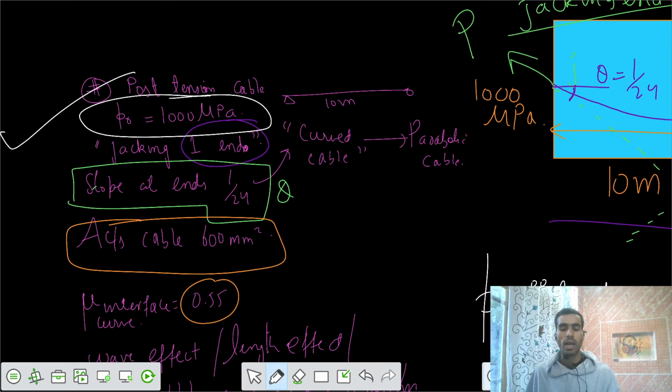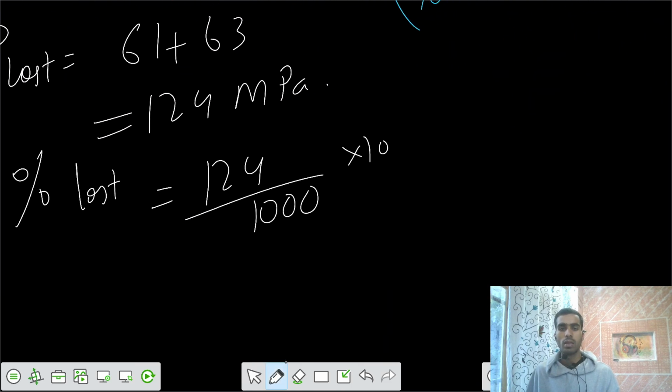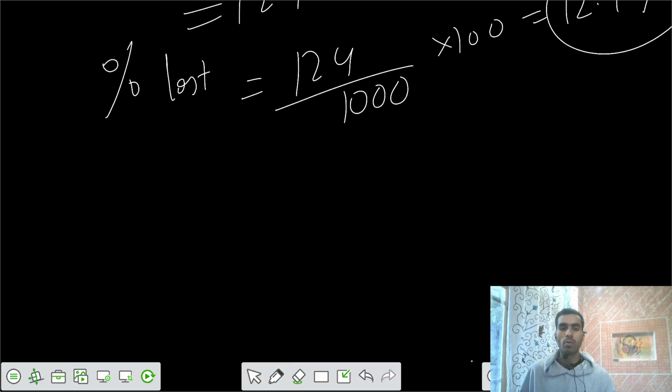This is the total percentage we have lost, so that's 12.4%. Total percentage of this much is lost for this post-tension beam, 12.4% of the prestress. And if I ask what is the total force lost, what is the P lost?